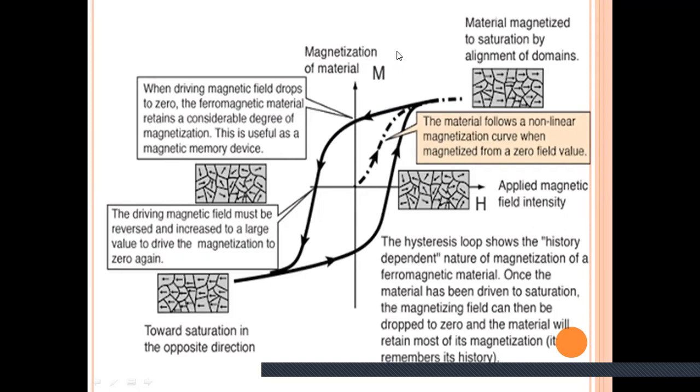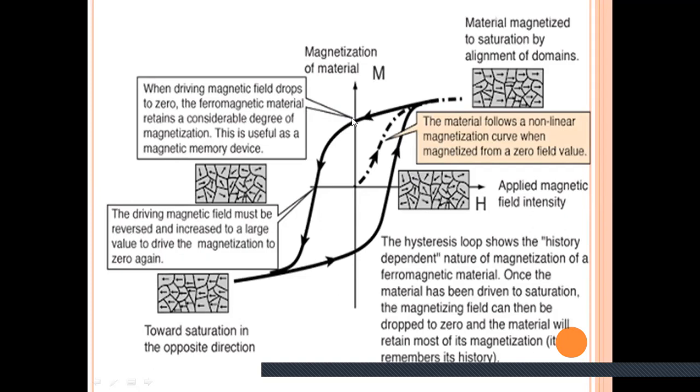Suppose you have applied a magnet to the ferromagnetic material, then due to the presence of the external magnetic field, this magnetization is induced inside the ferromagnetic material. This is nothing but the induction of the magnetization. As the magnetization increases inside the material, this means there is a creation of magnetization inside the ferromagnetic material.